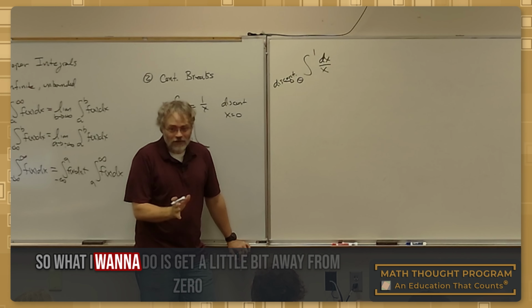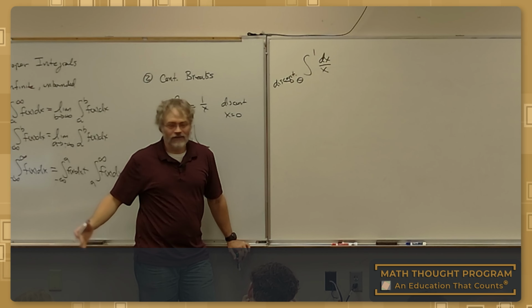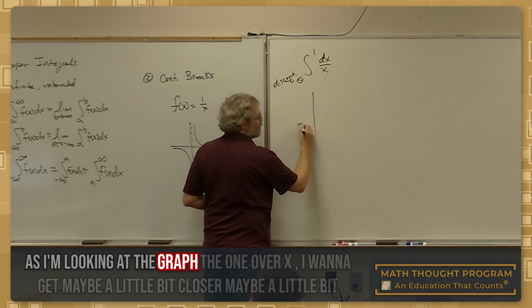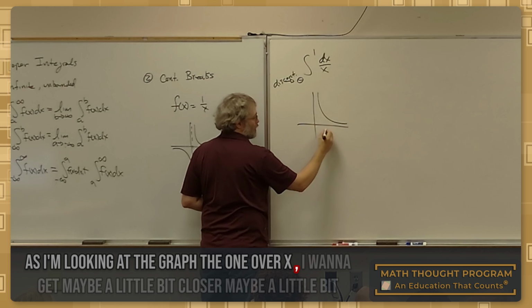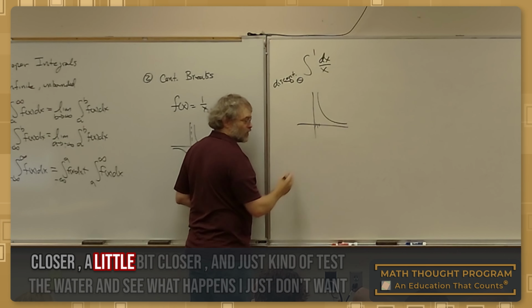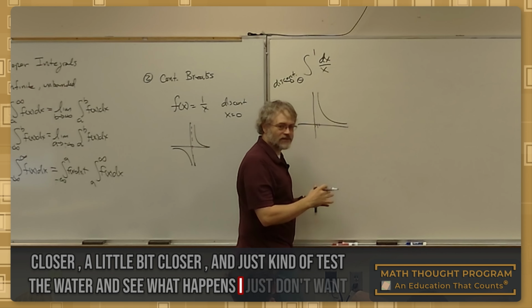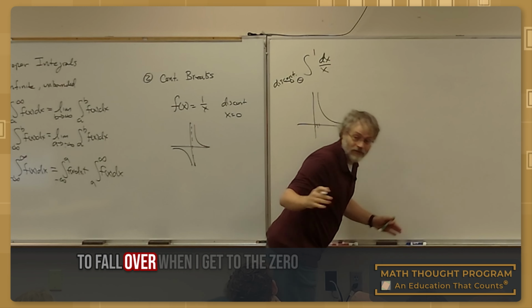So what I want to do is get a little bit away from 0. As I'm looking at the graph, the 1 over x, I want to get maybe a little bit closer, a little bit closer, a little bit closer, and just kind of test the water and see what happens. I just don't want to fall over when I get to 0.